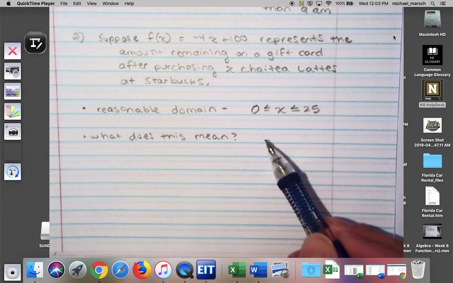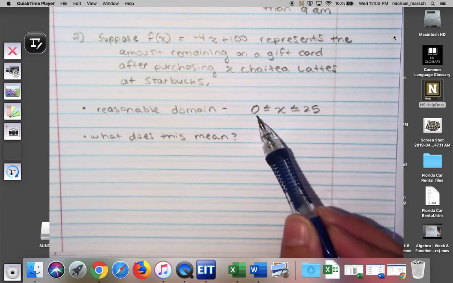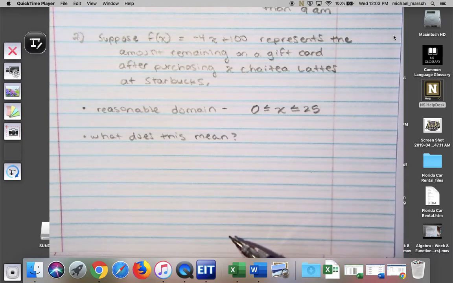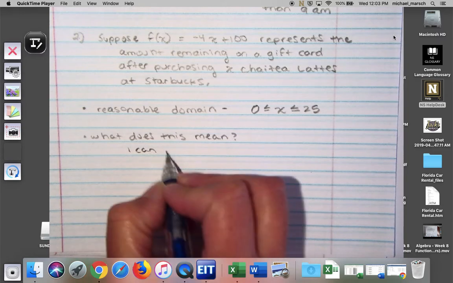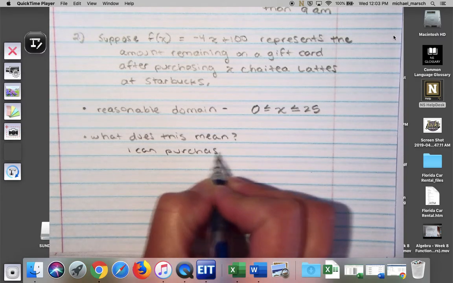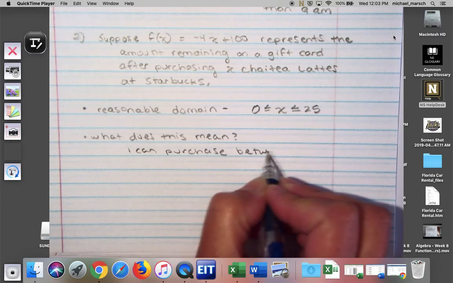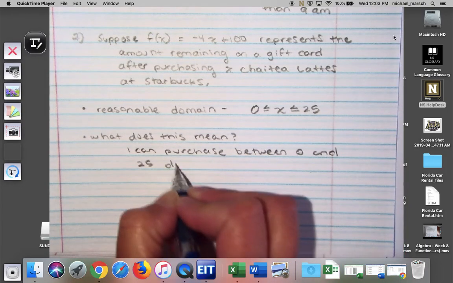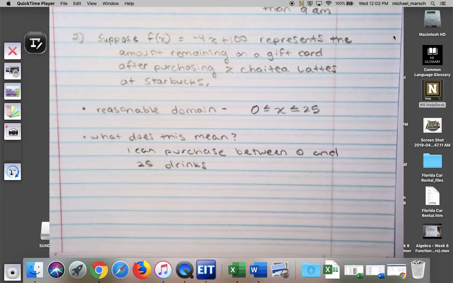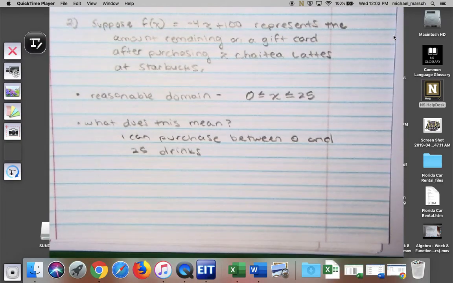So this means I can purchase between 0 and 25 drinks. That's what that means.